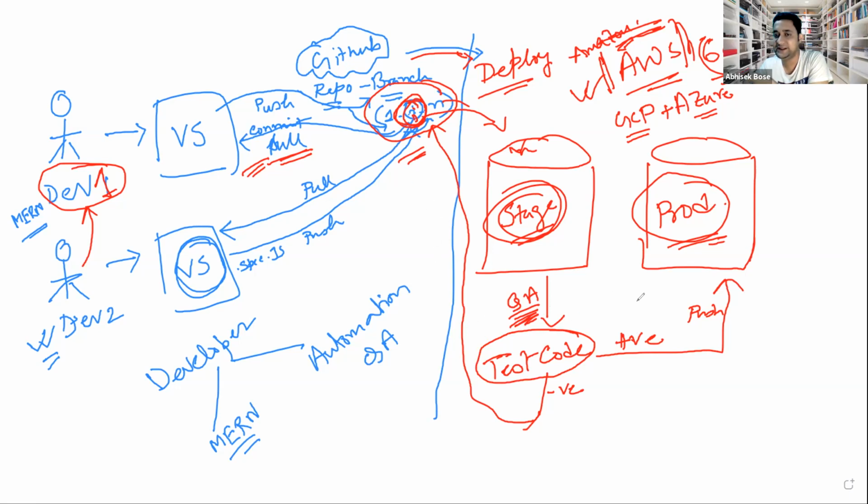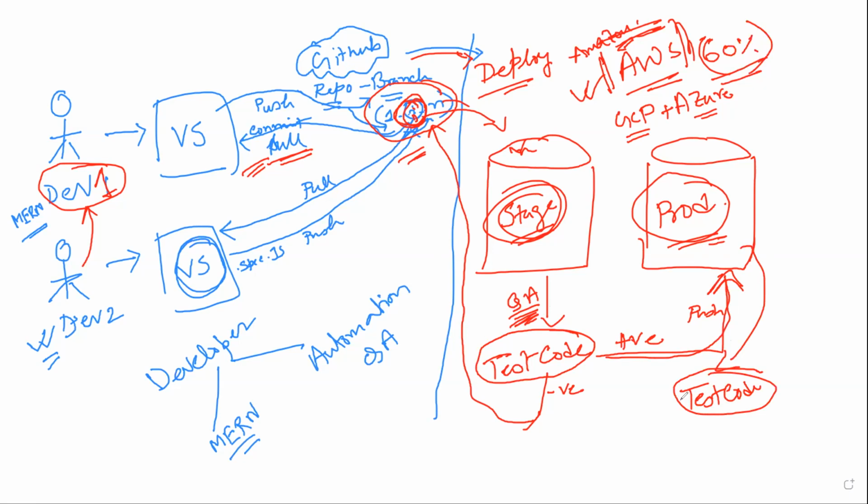Based on that, we need someone who will push the same code to the production server. Then maybe again we have to test the code in the production server. Correct? So it's basically a cumbersome task, because you need multiple steps.